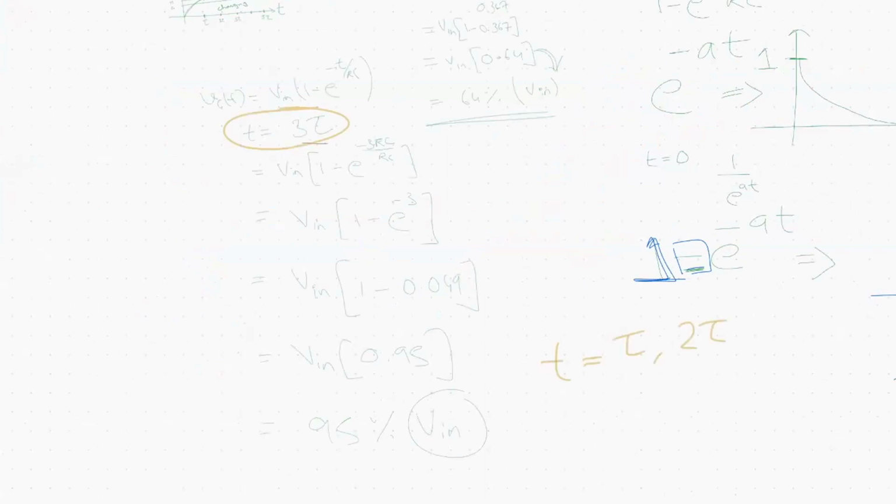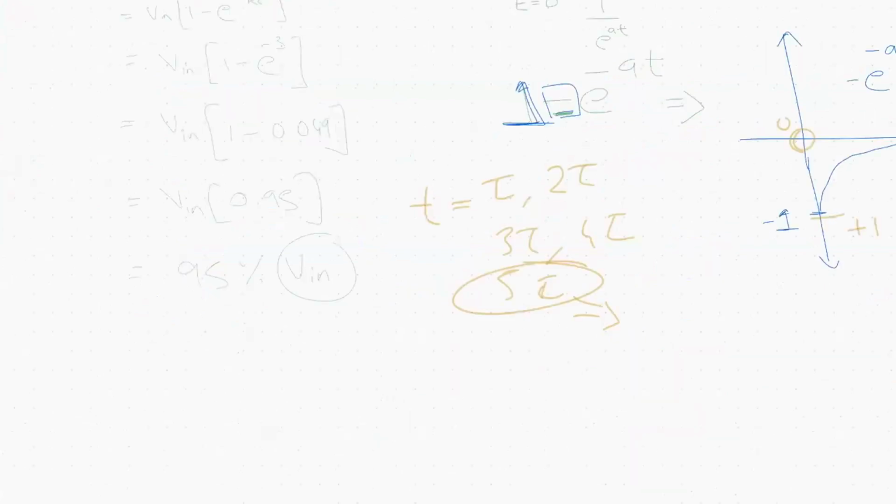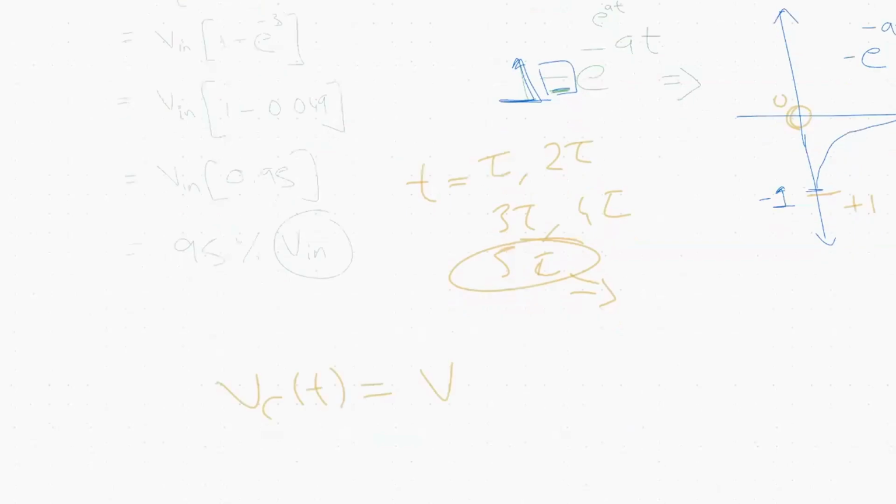At 5 tau, what should you be getting? What is the value of VC of t? One minus e to the power minus 5 RC by RC. These get cancelled out.